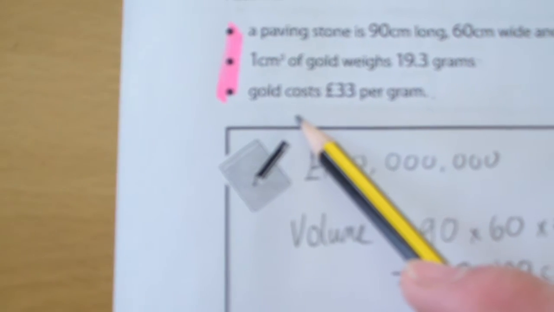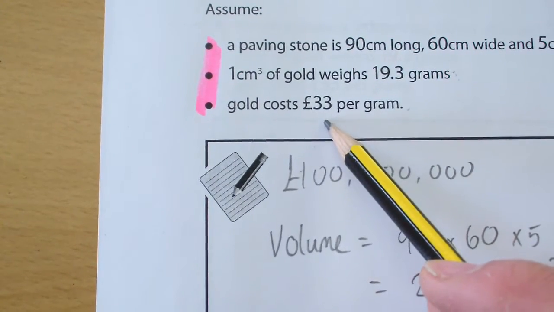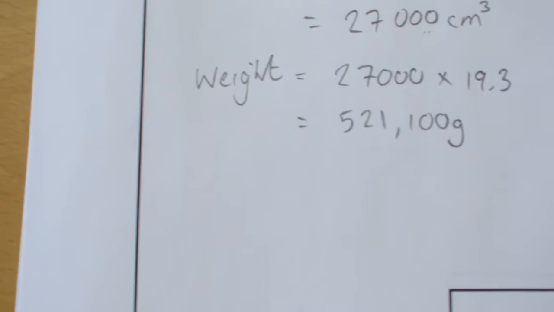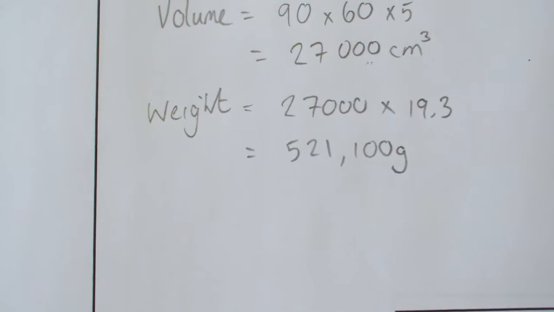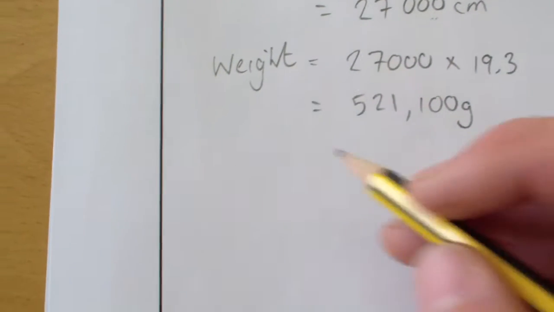Next thing, we know that gold costs £33 per gram. So the next thing to calculate is the cost of each of the paving stones.